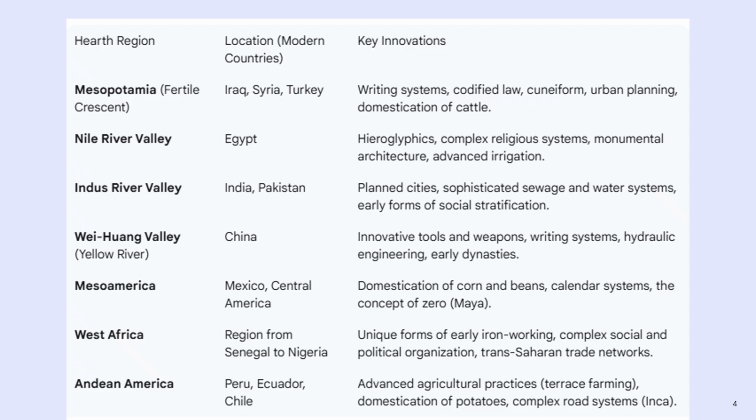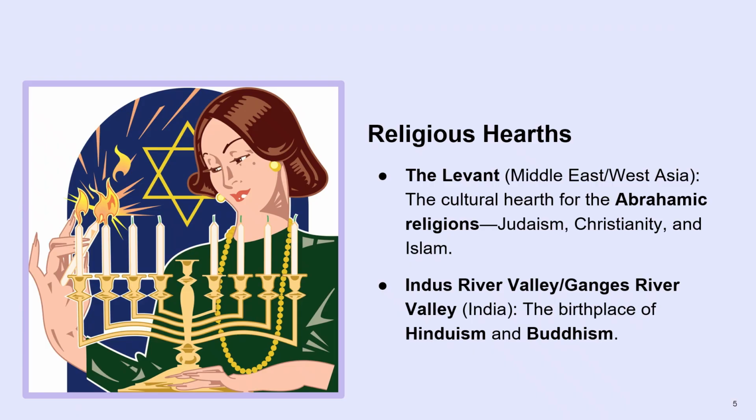One interesting aspect to look at with these cultural hearths is the religious impact. A couple of key religious hearths that we can look back on are the Levant, a region in the Middle East and West Asia, where we can find the roots of what we might call the Abrahamic religions, Judaism, Christianity, and Islam, which makes up a massive portion of the global population today.